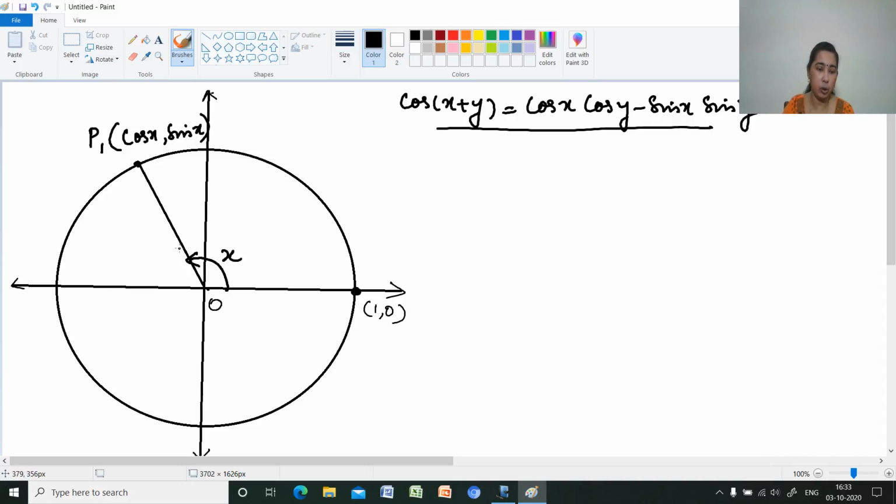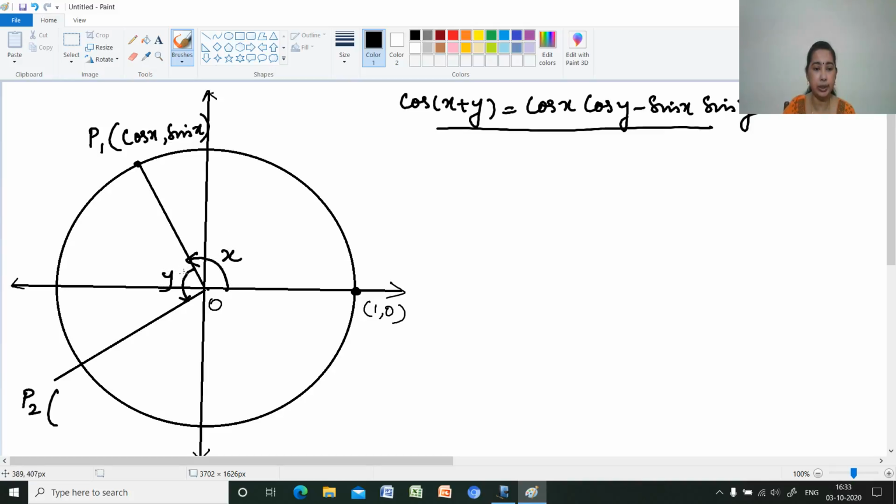Now again a small angle is moved from the side, and let that small angle be y. So it has reached here, that is at the point P2. This point is P2, with the angle rotated being y.